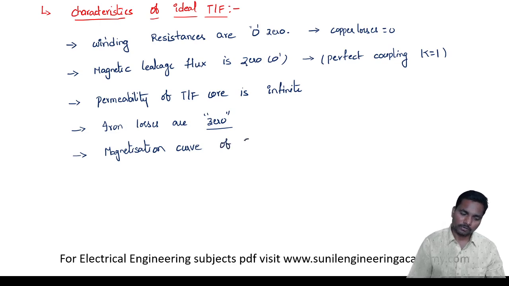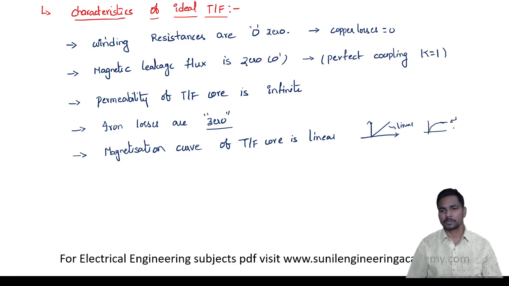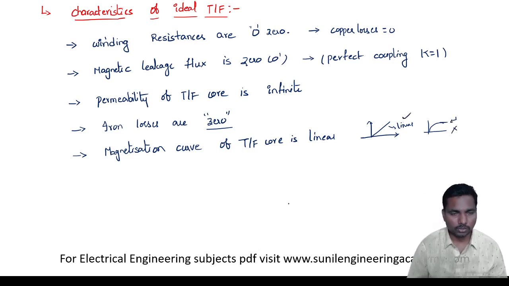The magnetization curve of the transformer core is linear, but in the general case it will be like this, with saturation. So all these are important characteristics of the ideal transformer. Next one, the EMF equation.